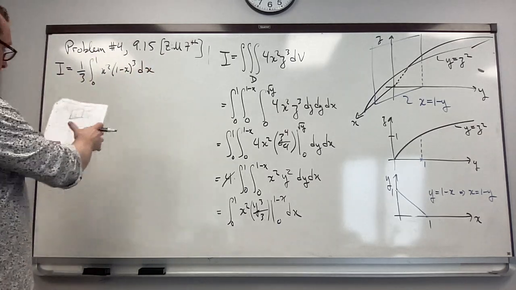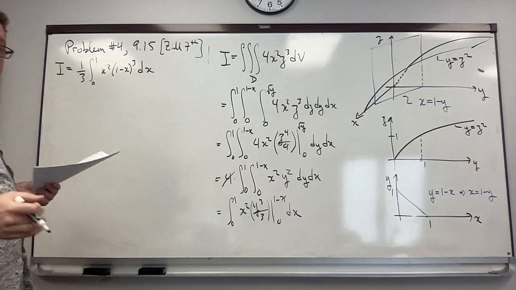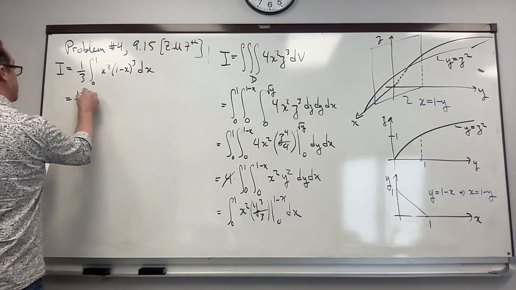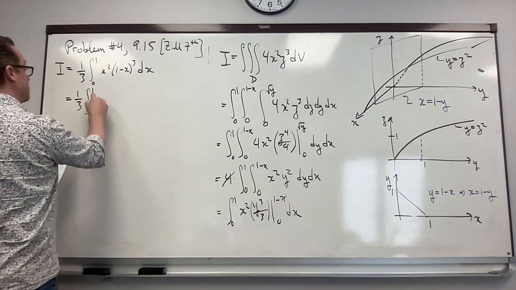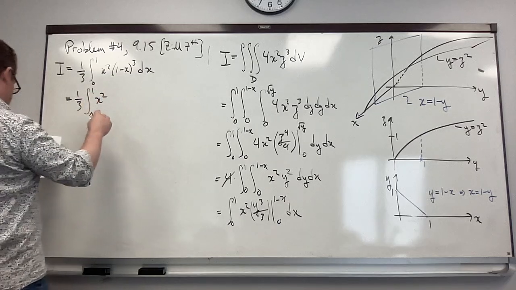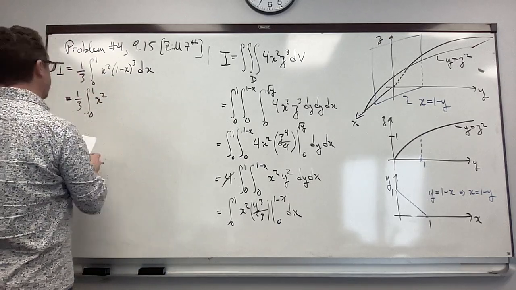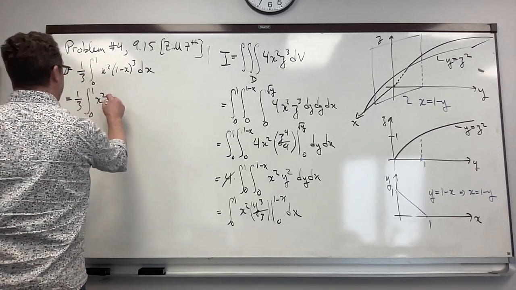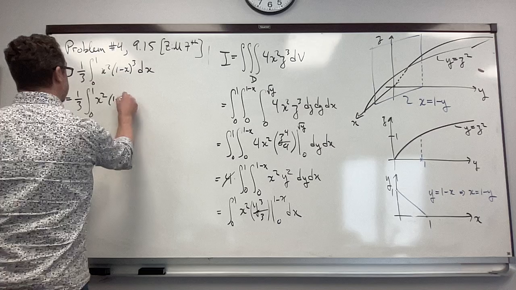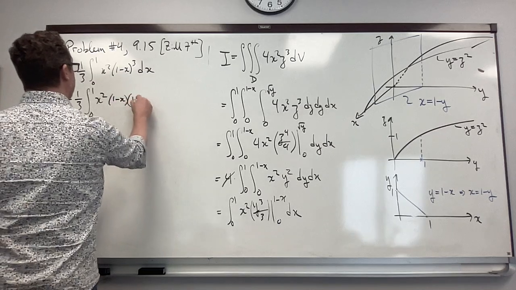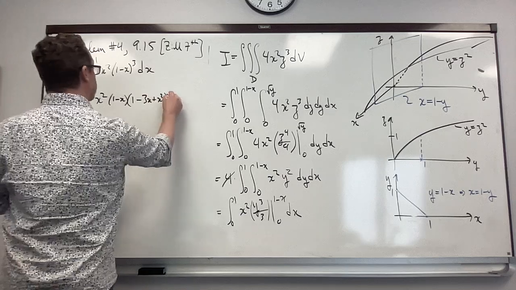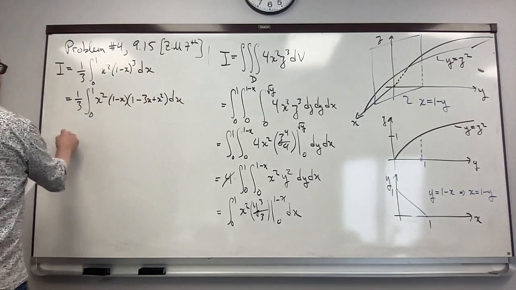Now we have to blow this thing up into a set of polynomials, and then we'll integrate them all out. So I've got 1 over 3, 0 to 1, x squared, and then in my notes I have this. Let's just do this so you don't have to do it all triple. I would just go 1 minus x, and then I have 1 minus 3x plus x squared, dx.